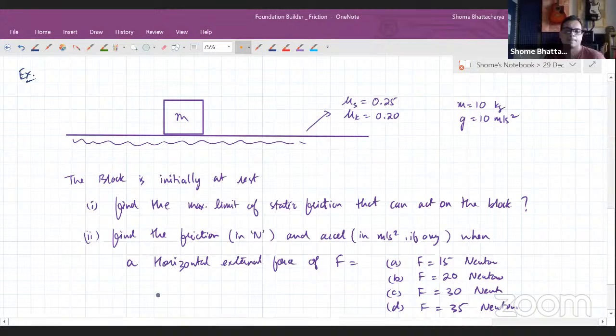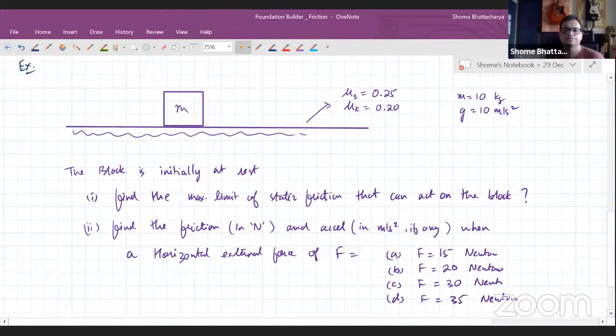Okay. And then we'll come to a third part also for this question. So just understand the data of the question first, then we'll discuss more.